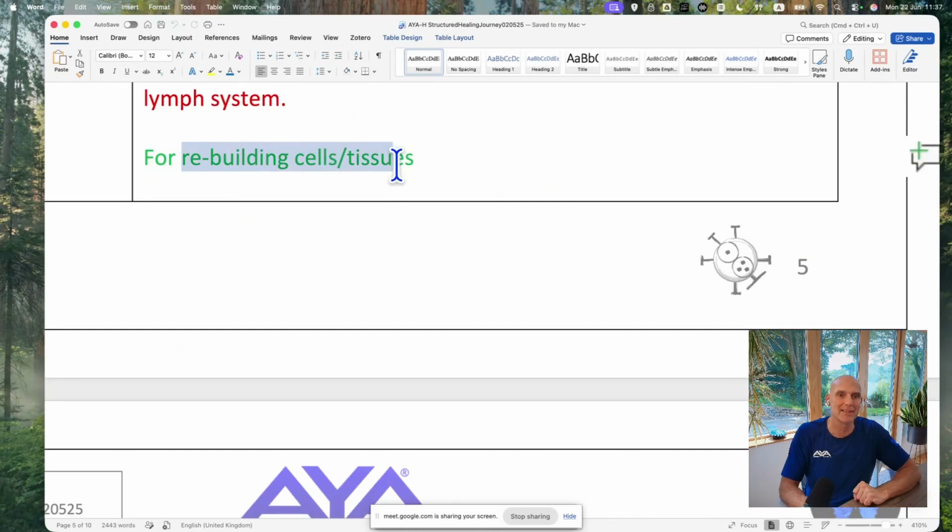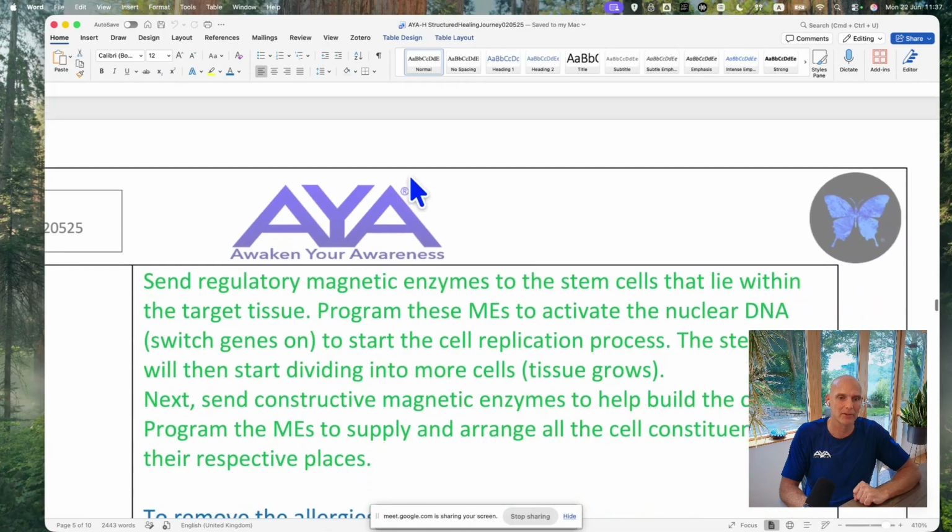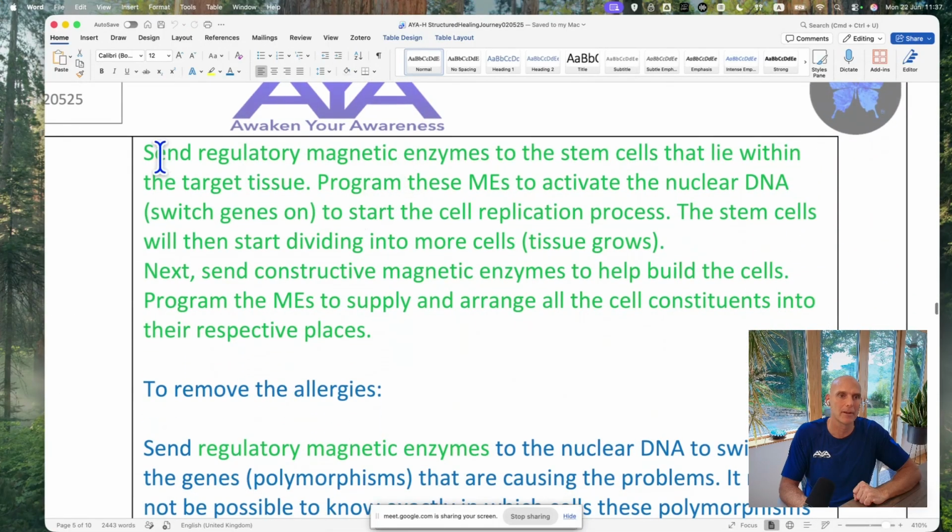For rebuilding cells and tissues, we've got another paragraph here, look. Send regulatory magnetic enzymes to the stem cells that lie within the target tissue. Program these MEs to activate the nuclear DNA to start the cell replication process. The stem cells will then start dividing into more cells, i.e. tissue grows.